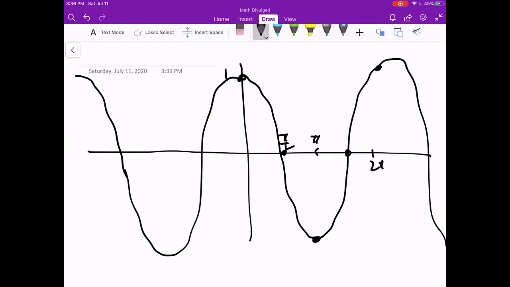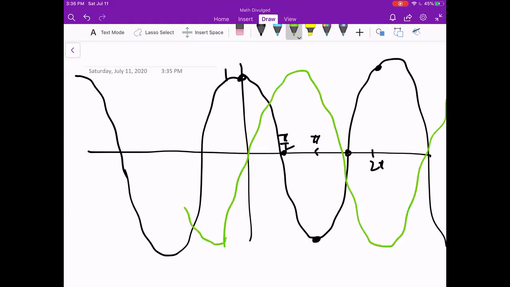So it's similar to sine, but you'll notice that it's essentially been shifted to the right by pi over 2. Because sine would look like this. So you can see that it's just shifted.